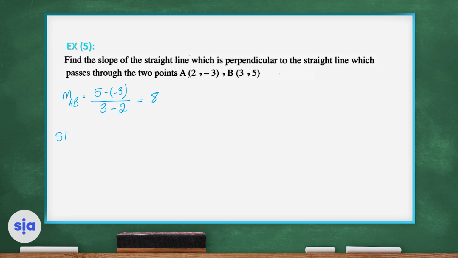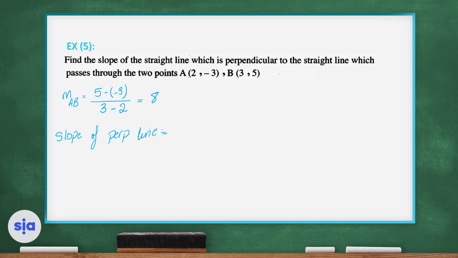So the slope of the perpendicular line is, before finding it, we know that if two lines are perpendicular, the product of their slopes is -1. If you multiply the slope of the first line by the slope of the second line, the product is -1.